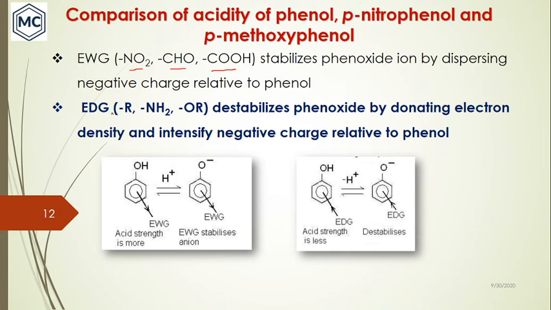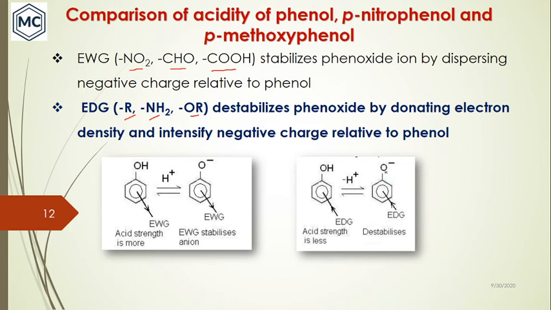At the same time, when you use electron donating groups like alkyl group, NH2 group or alkoxy group, it has an entirely opposite effect. It destabilizes the phenoxide. Why? Because it is donating or releasing electron density towards this oxygen anion, so it increases electron density on the oxygen anion.